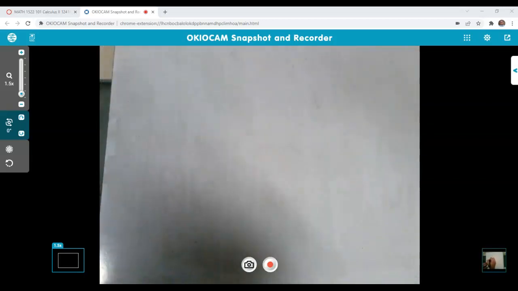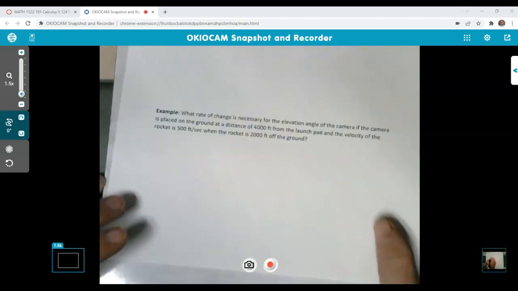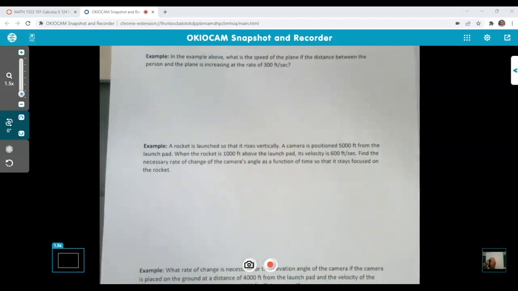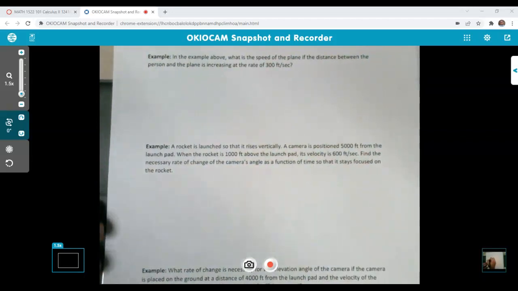Looking at another example, this one actually says in the example above, what is the speed of the plane if the distance between the person and the plane increases at a rate of 300. So for this one, everything is the same thing. So we still have what we said over here. 2x dx/dt equals 2y dy/dt.